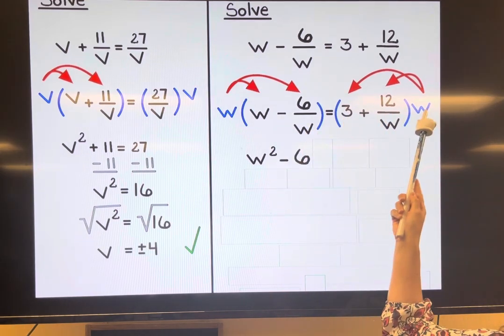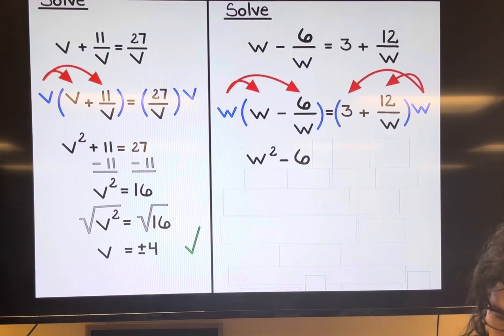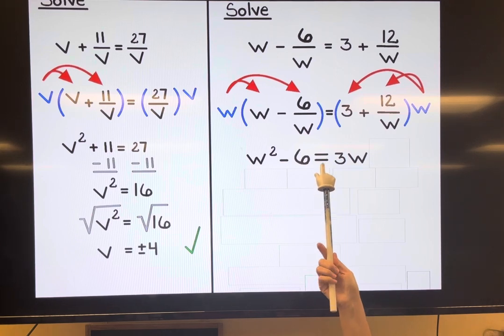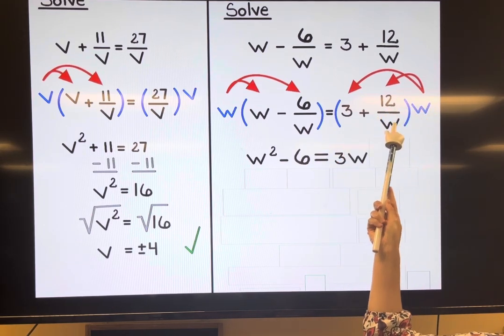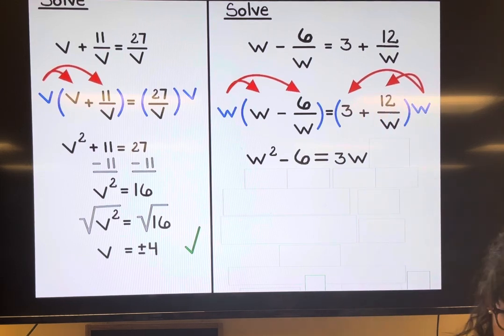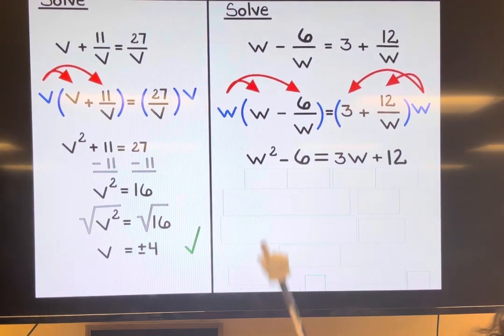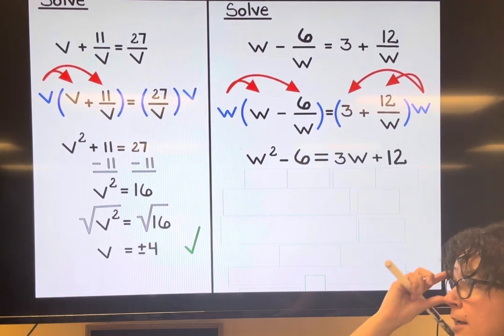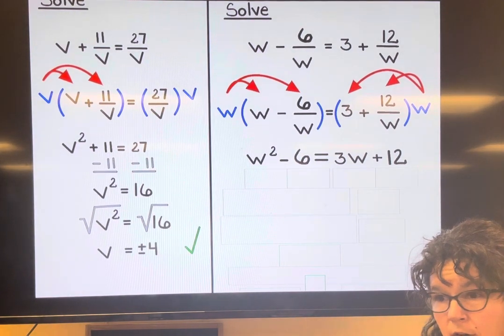Then here, if I take w multiplied by 3, I get 3w. Let me go ahead and bring down my equal sign. And then w times this fraction, this w cancels this w, so all I have left is plus 12. Now one of my variables is to the second power, and I do have a w term, so I need to move everything to the same side equal to 0.